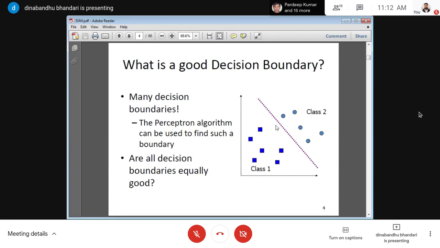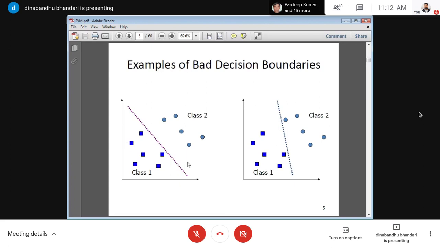That is the question. Now, there are some examples of bad boundaries. This is a boundary we do not like. You would have liked to put it somewhere in between these two. Here it would have been shifted upwards. This side maybe would have been good. This one is inclined this way. Maybe you do not want that, but you rotate it and make it something like this, which would have been better.